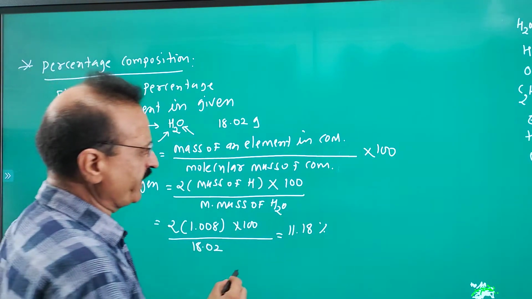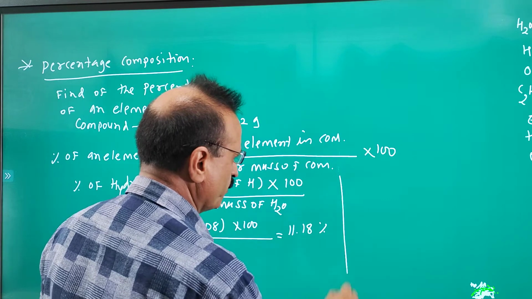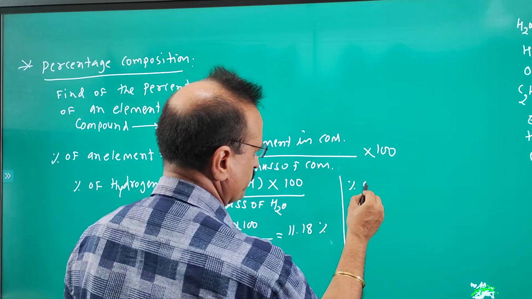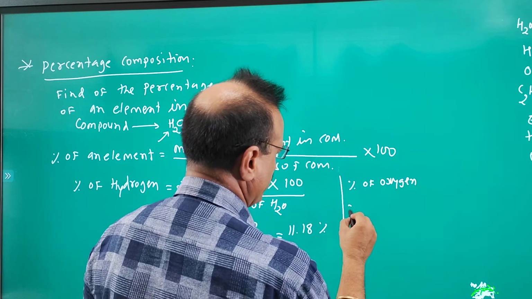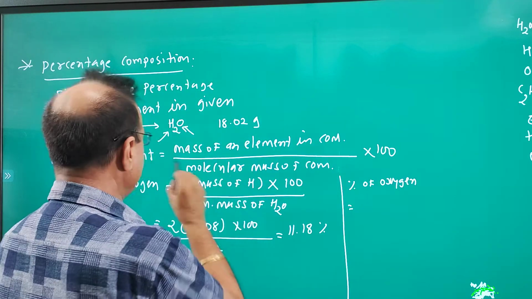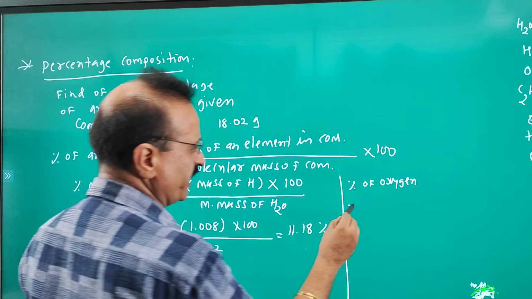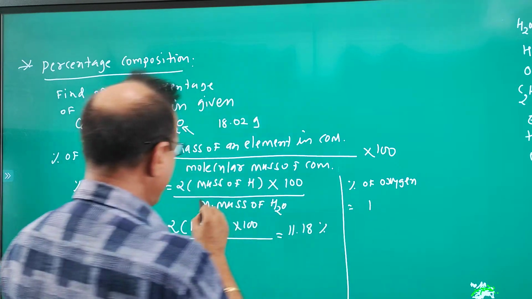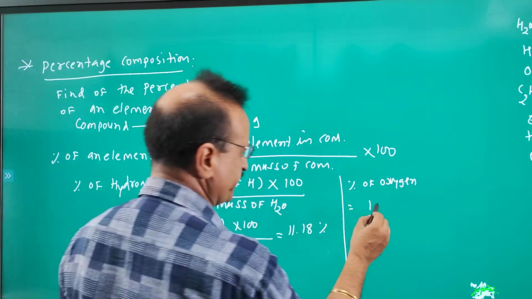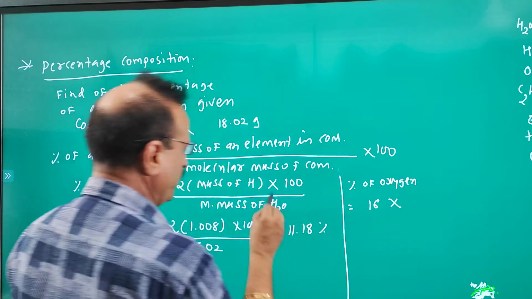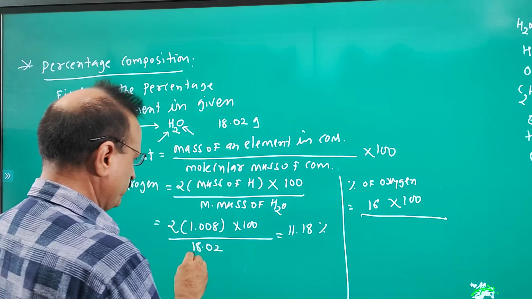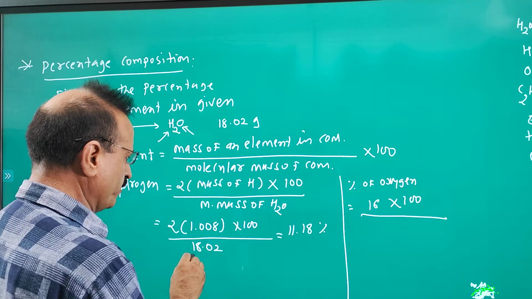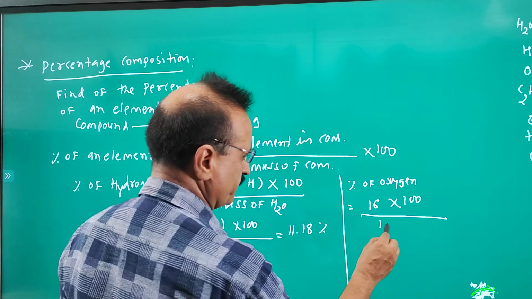Now we are going to find the same value, the percentage of oxygen. Oxygen is 1, so we directly put the value: mass of the element is 16 gram. So 16 into 100 upon the mass of the molecule H2O, which is 18.02.